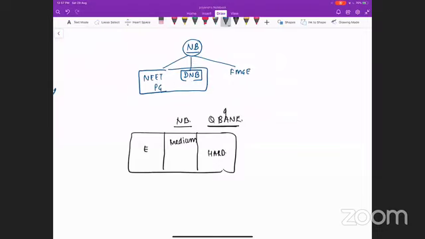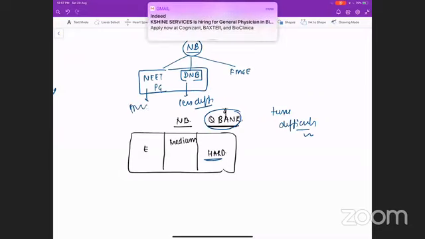With each exam, if they use the same question bank, they will tune the difficulty level. For example, DNB will be less difficult. In NEET PG, they will give more hard questions. It's more difficult.